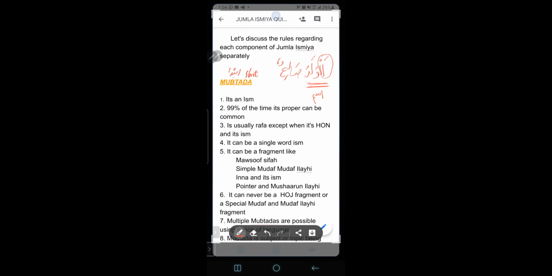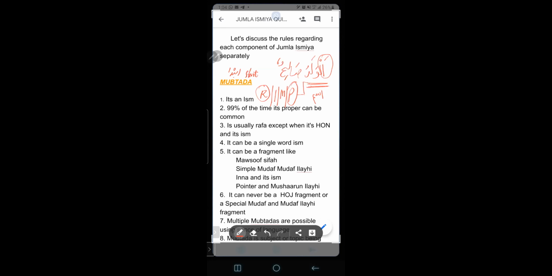And if we analyze the four properties, they will be rafa, because mubtada is usually rafa, one, m, and p. Mubtada is usually proper. There are only a few instances, a couple or only one, where the mubtada is going to be common.